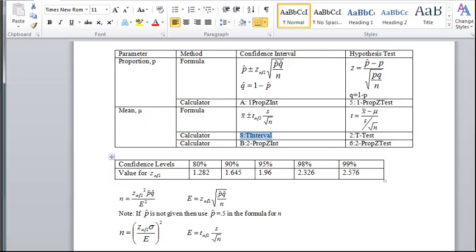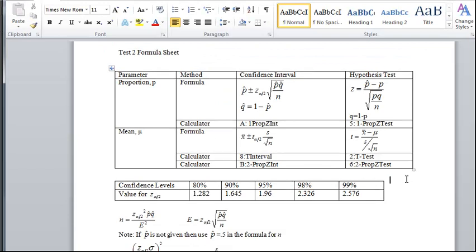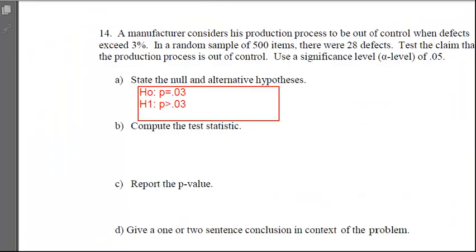Now I could go to my formula sheet, and what I want to do is a hypothesis test for proportion. So here's proportion. If I'm using the formula, I'm going to use this formula right here, or I can use the one prop z test. Either way, we get a test statistic and a p-value.